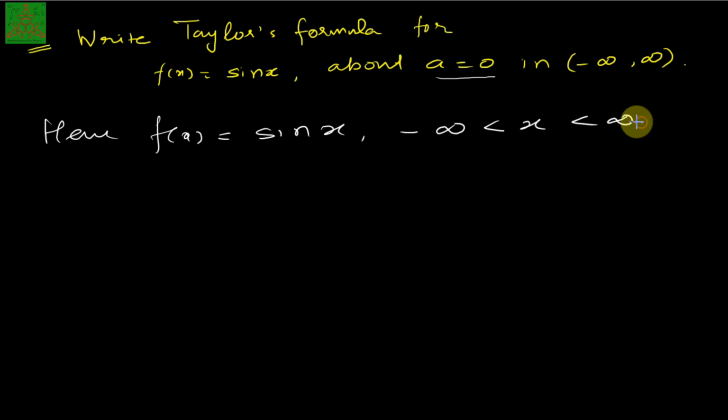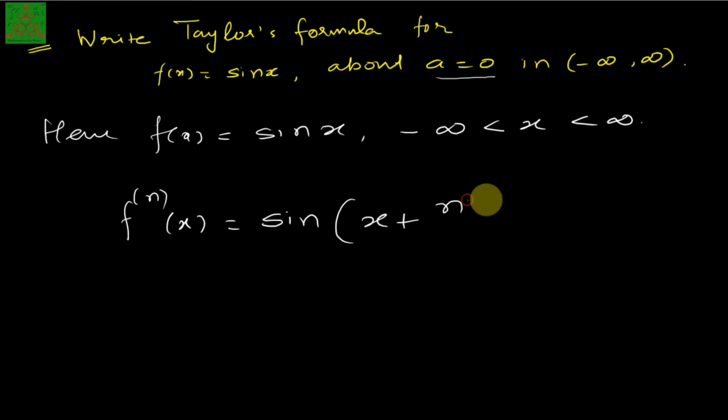And we know by successive differentiation that the nth derivative of sine x is sine of x plus n pi by 2. This is true for all x and for all n.